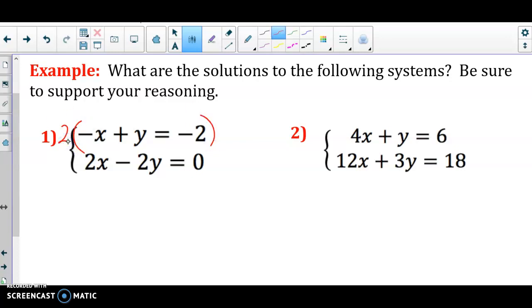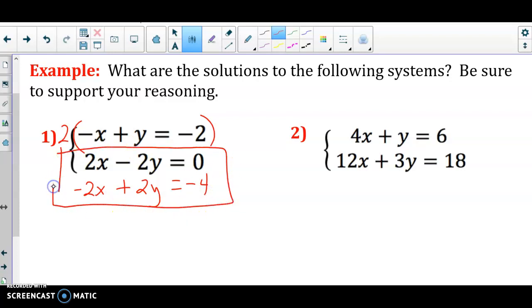So I'm going to be looking at -2x plus 2y equals -4. Now my system of equations is this pair here. I don't need to multiply the second one through by anything because I already got it to match.